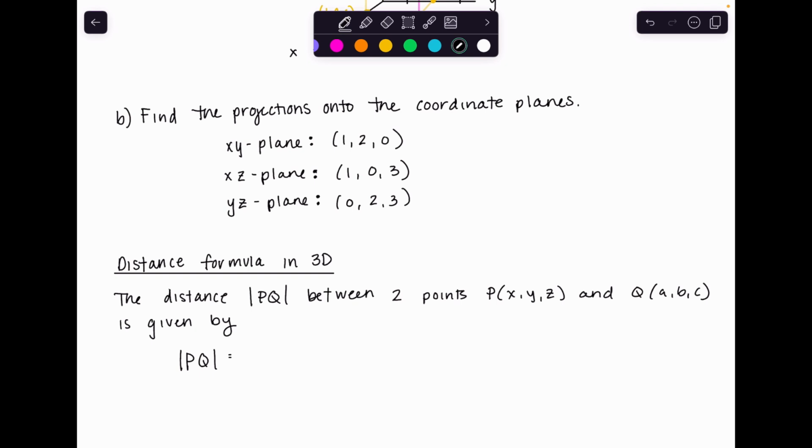Normally, when we find the distance, we take the difference in x values squared, we add the difference in y values squared, and then we take a square root. So when you're dealing with 3 dimensions, you just add on that third component, the difference in z values squared. And it's still under a giant square root.